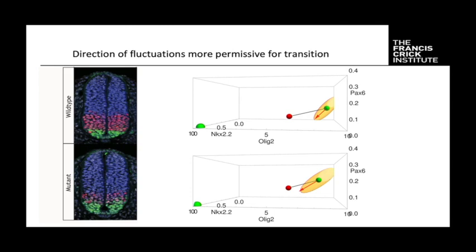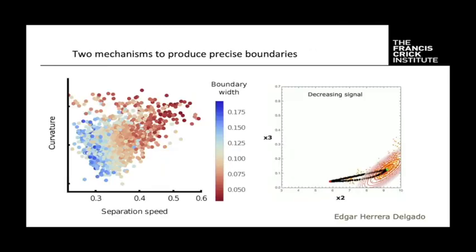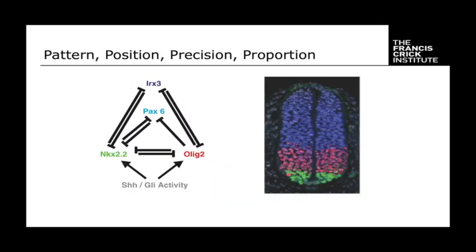If we compare this in gene expression space between wild type and enhancer mutant, you can see what that's doing is changing the structure of the fluctuations, and now they point slightly more towards the transition point. So that makes a similar magnitude fluctuation more likely to hit the transition point and result in a change in gene expression. So for the sake of time, I'm going to skip the last couple of slides.